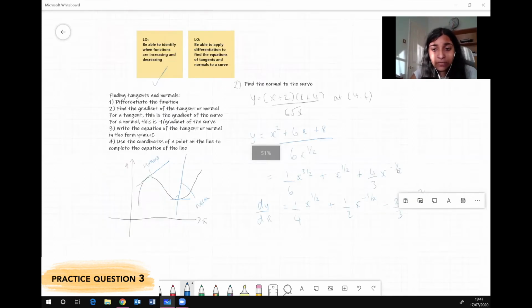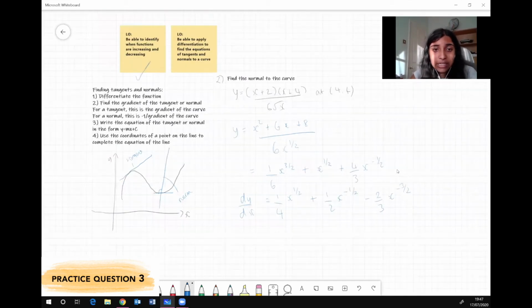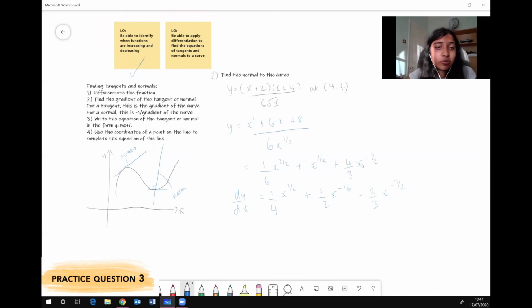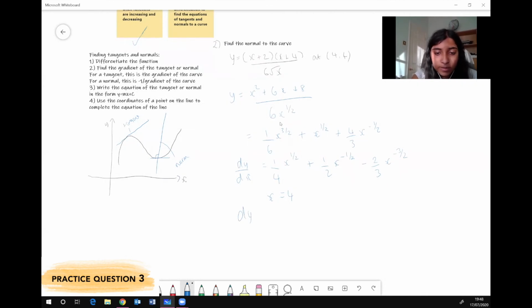So now we want to find the gradient of the normal. For the normal, this is minus 1 over the gradient of the curve. So we first want to find the gradient of the curve at the point x equals 4. If we plug that in, dy over dx is equal to 1/4 of 4 to the power of a half, plus a half times 4 to the power of minus a half, minus 2 over 3 times 4 to the power of minus 3 over 2.